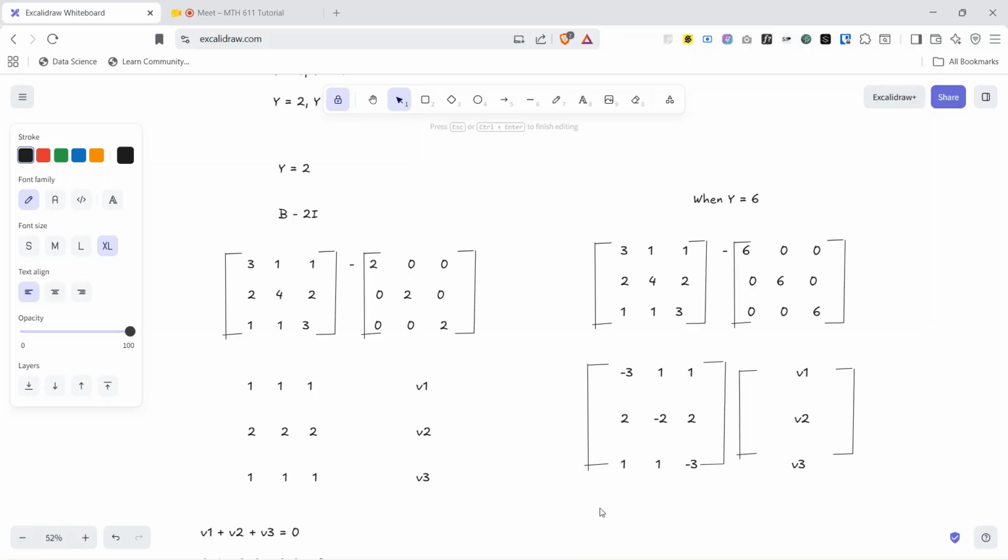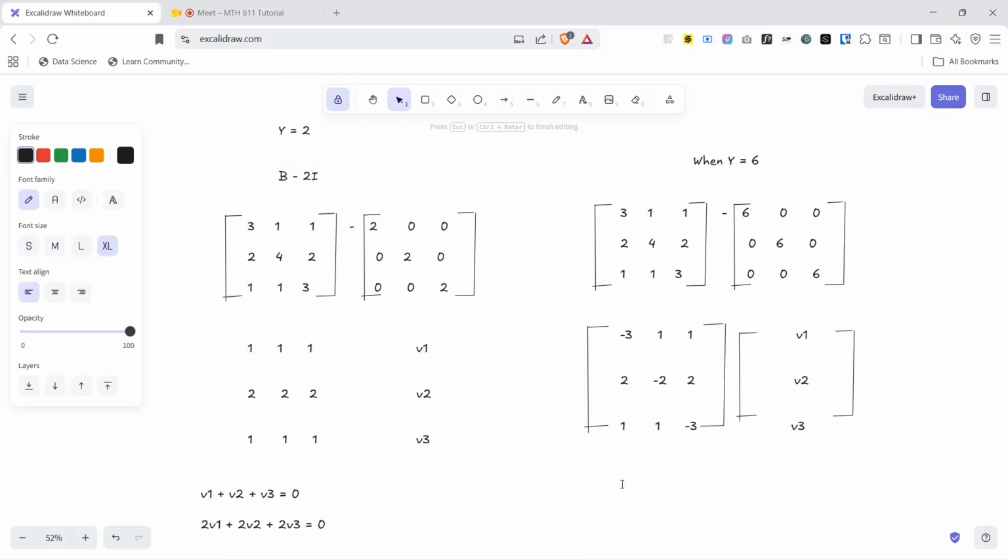Then we'll solve again. We'll have minus 3V1 plus V2 plus V3. Then the second equation will be 2V1 minus 2V2 plus 2V3.